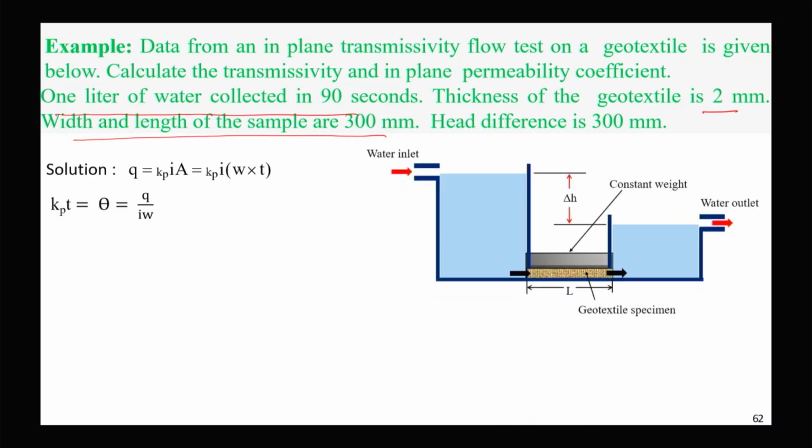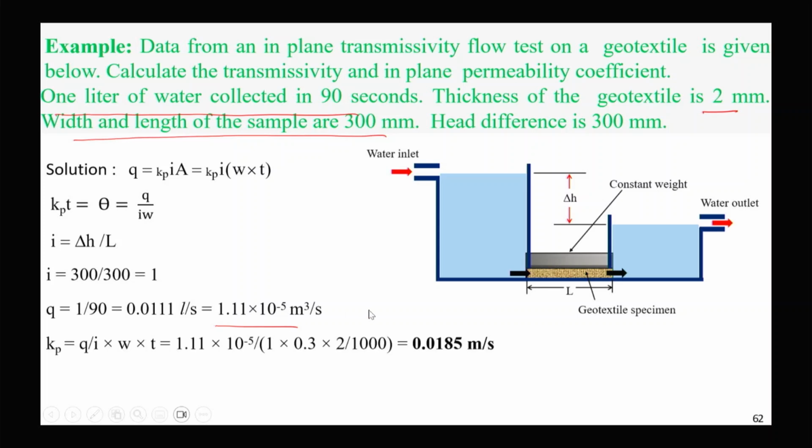Again, the I value will be 1 and quantity of liquid 1.11 multiplied by 10 to the minus 5 cubic meter per second, and Kp value we can calculate using this formula. It's 0.0185, and theta we can get 3.7 multiplied by 10 to the minus 5 using the relationship.